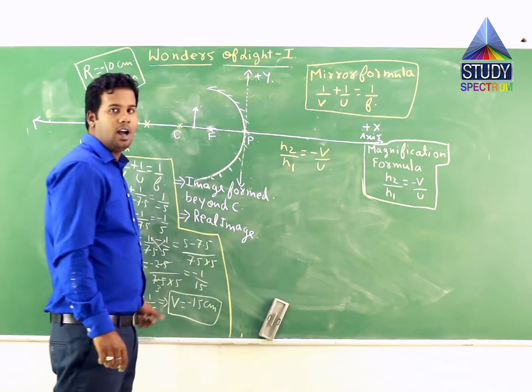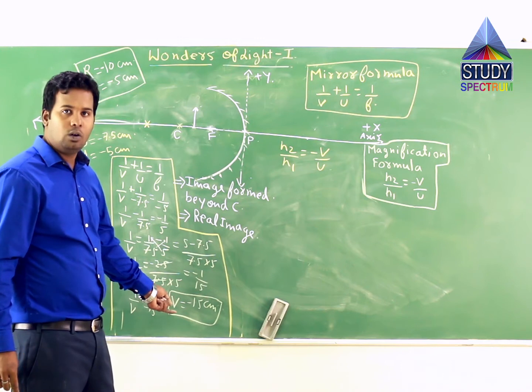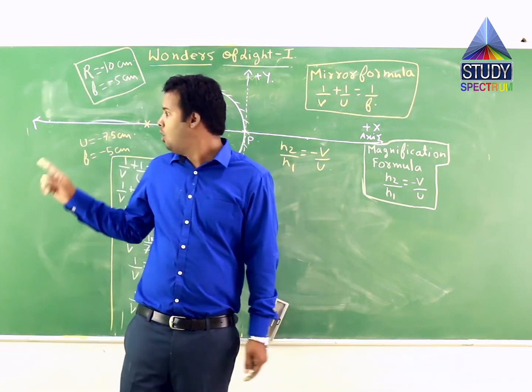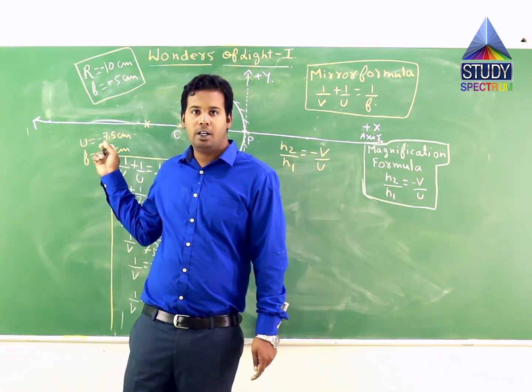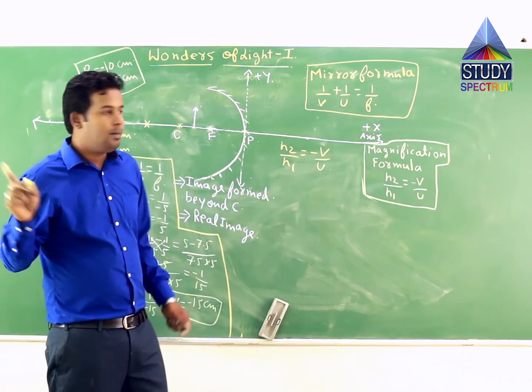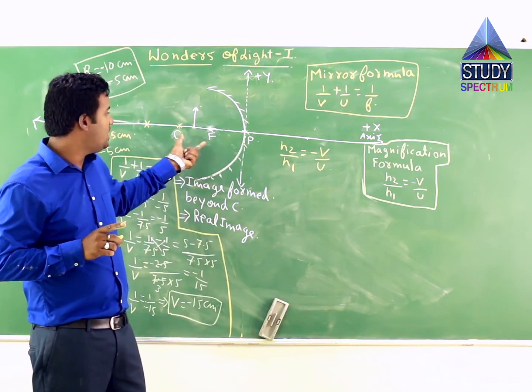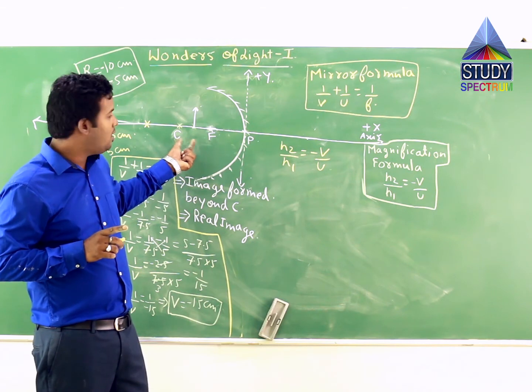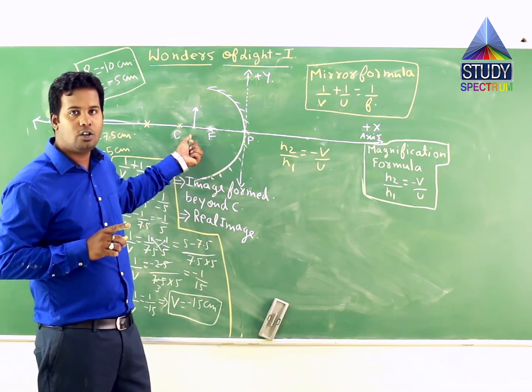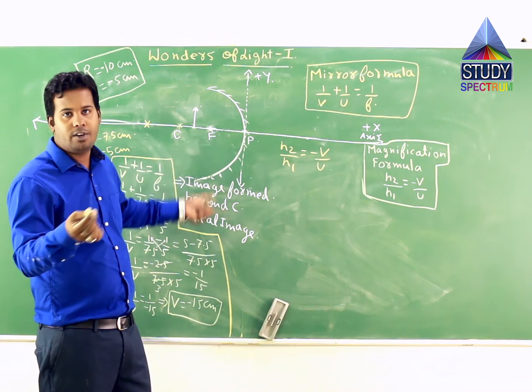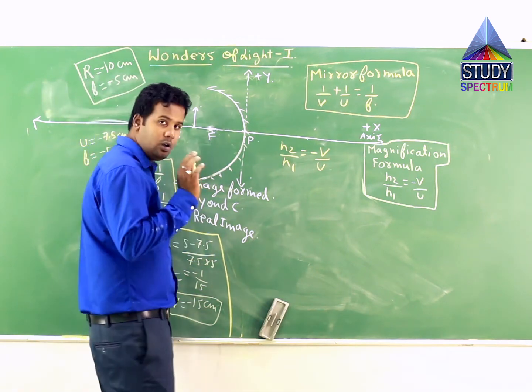I will substitute the value of v and u. V I have calculated when I have assumed the value of u as minus 7.5 centimeter. Why minus 7.5? Because the object is placed between C and F. Point C is minus 10, point F is minus 5, so it should be between C and F, so I have taken minus 7.5 for theoretical questions.